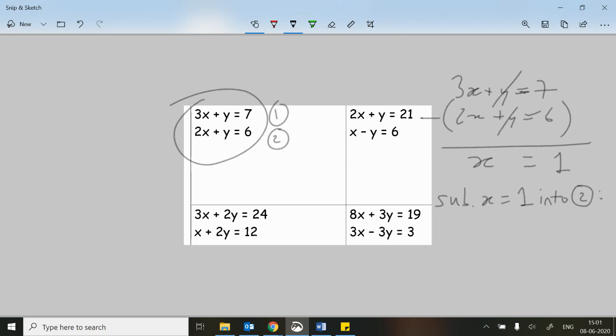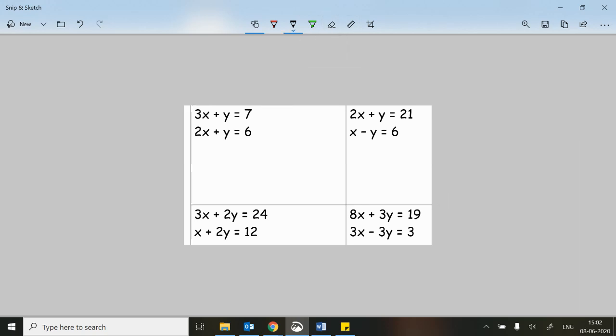Now if we do that, we'll get 2 times 1 plus y equals 6. So 2 times 1 is 2, plus y equals 6, so y is equal to 4. If we take the 2 off both sides, you can see that makes it work. 2 plus 4 is 6. Okay, so that's the answer to the first of the questions.